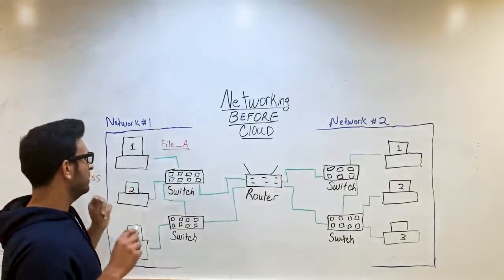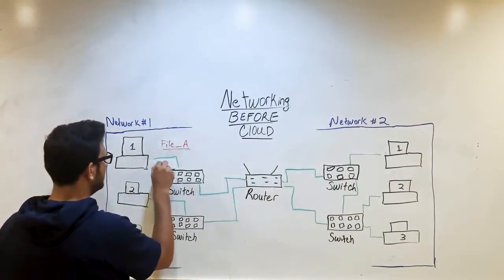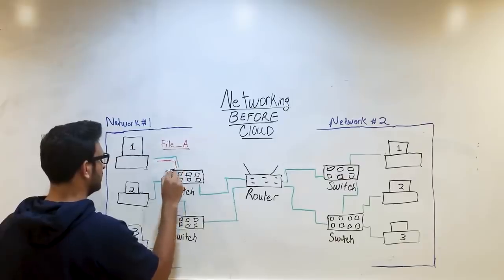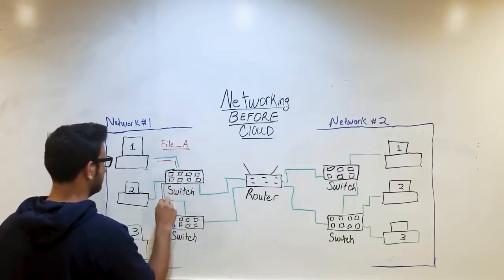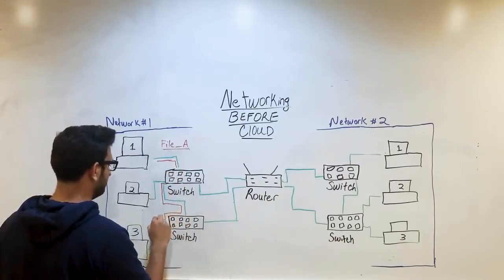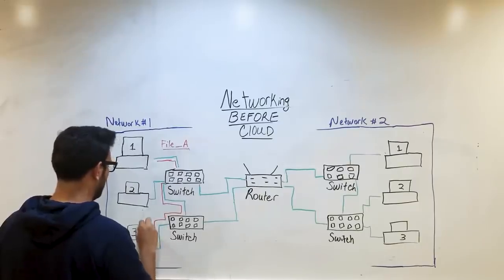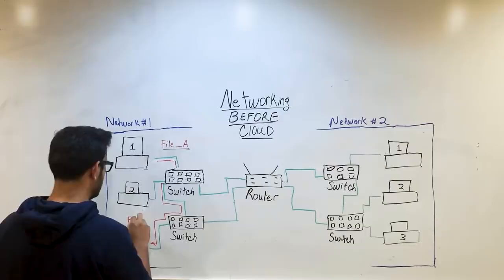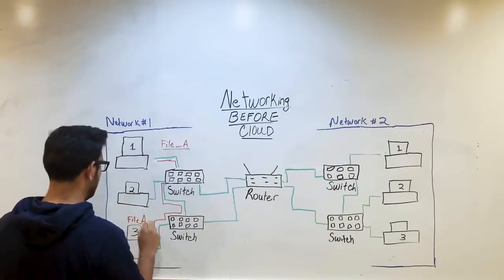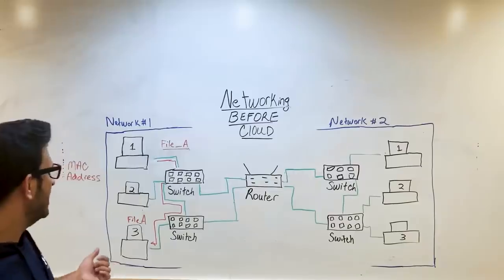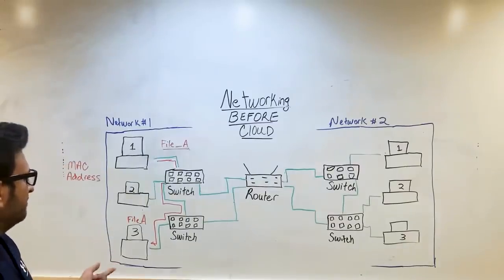So it will travel like this. Go through a switch. And computer 3 has received file A, right?